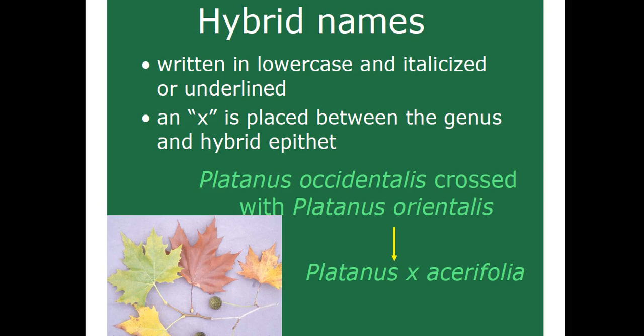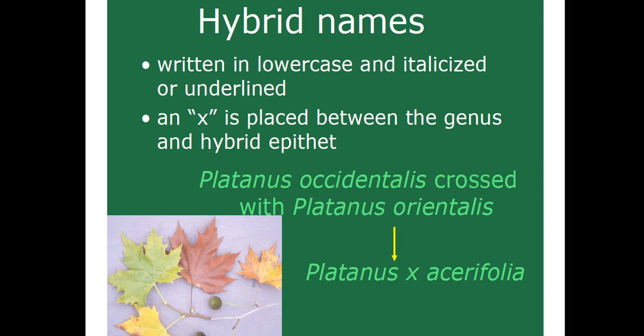So let's look at Platanus occidentalis, which is sycamore, a common native tree, crossed with Platanus orientalis, which is the Asian plane tree.